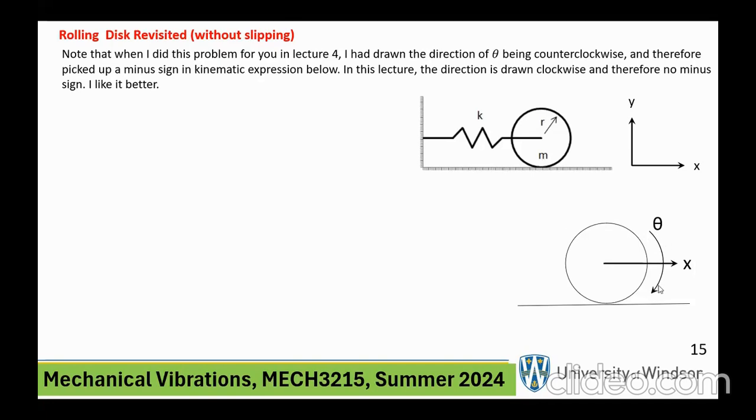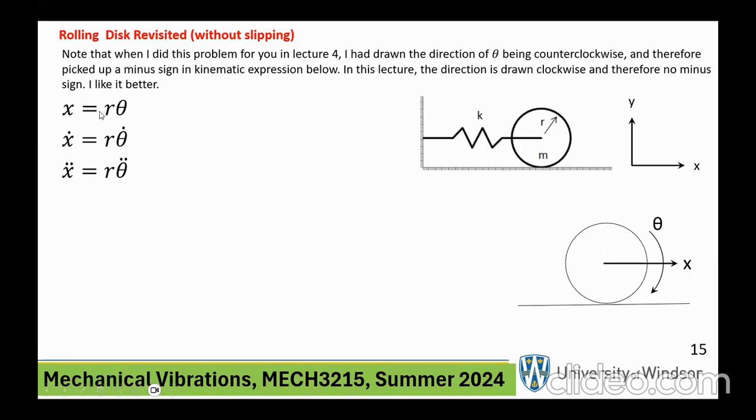So remember, this is entirely up to you. The only difference is that if I draw it like this, I get the standard formula x equals r theta and x dot equals r theta dot, etc. If you go back to last week's lecture, with theta going counterclockwise, there's going to be a minus sign here.